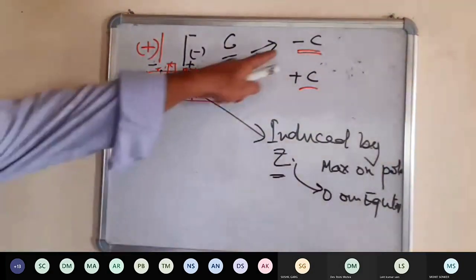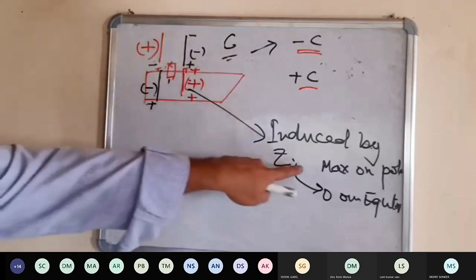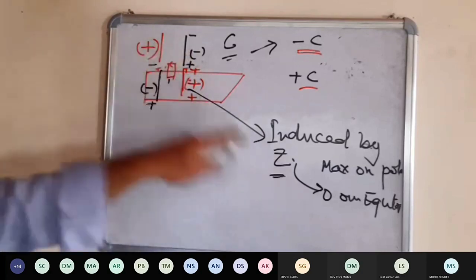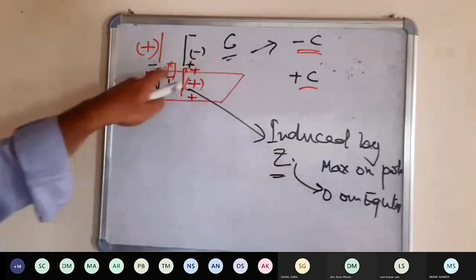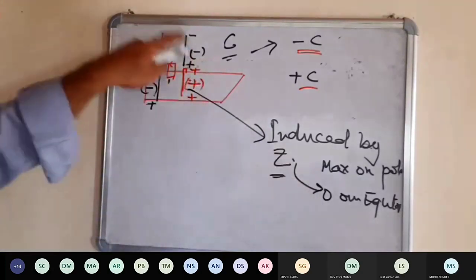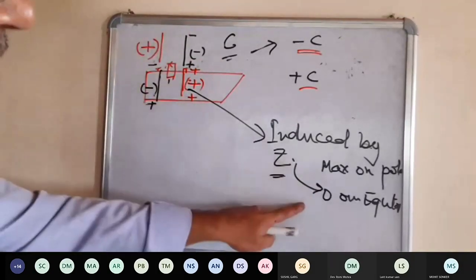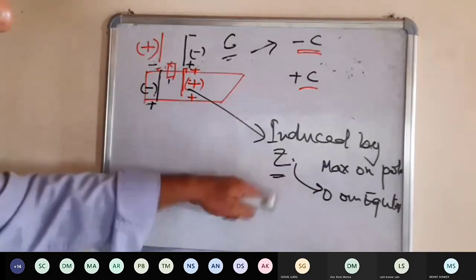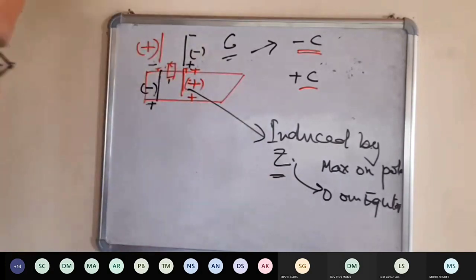That means the role of C or the induced B will be 0 at equator. The role of this induced iron will be 0 on equator because Z is 0. So no magnetic induction in these rods at equator. It will be maximum towards, as you are going, it will keep on increasing towards the poles.